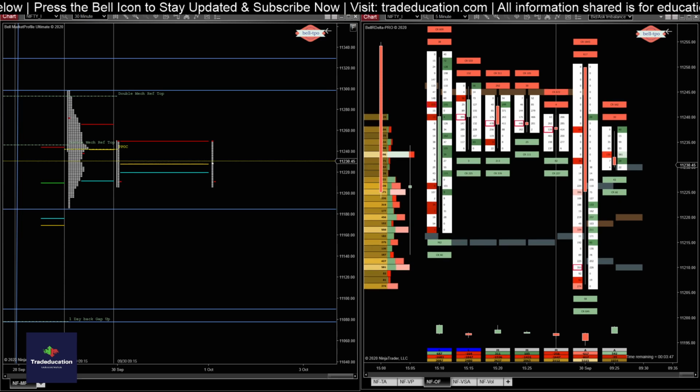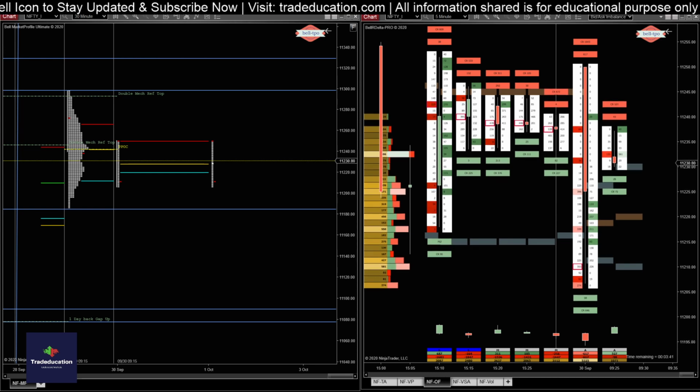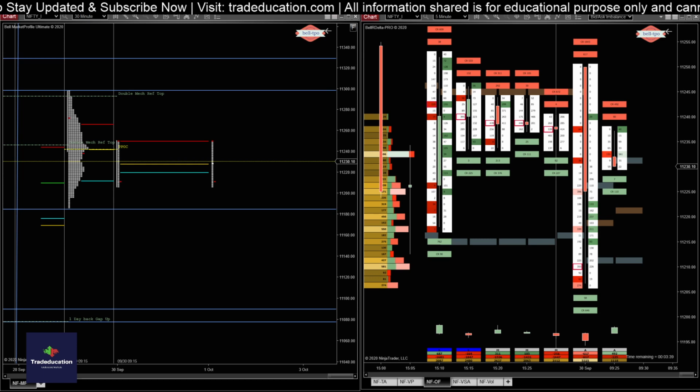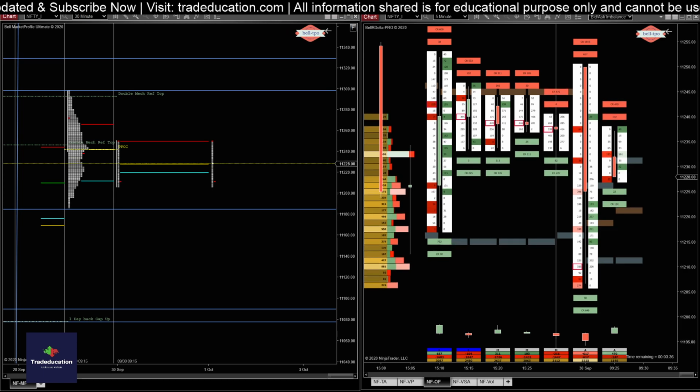I'm expecting sellers to step in and tag the low. That's the trade plan. But I'm not taking any trades now. Not confident at all.